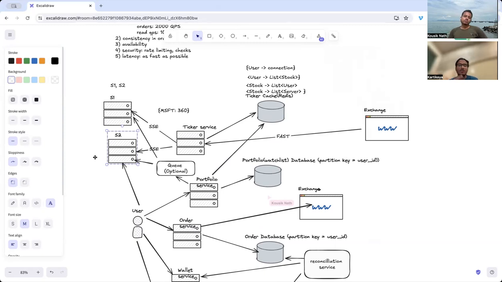The problem here is, let's say we have 100,000 users, so 100,000 users are disconnected at once. They will all be trying to connect to other servers all at once. This is a kind of thundering herd problem.